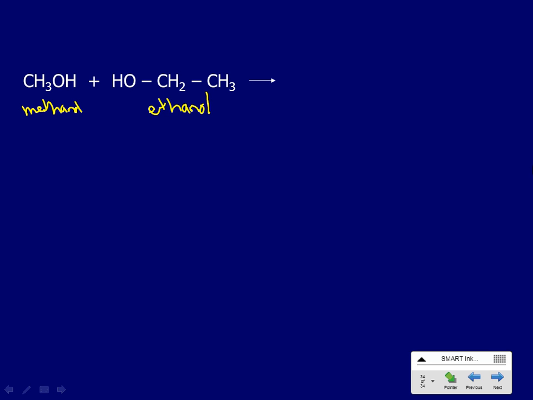And here's what happens. Now, it doesn't matter which molecule I remove the OH and which molecule I remove the H. We have to take an H and an OH off of both of them, and it doesn't matter which one you take the O off of. Now, I'm sure that chemists have done all kinds of investigating to learn which O actually comes off.